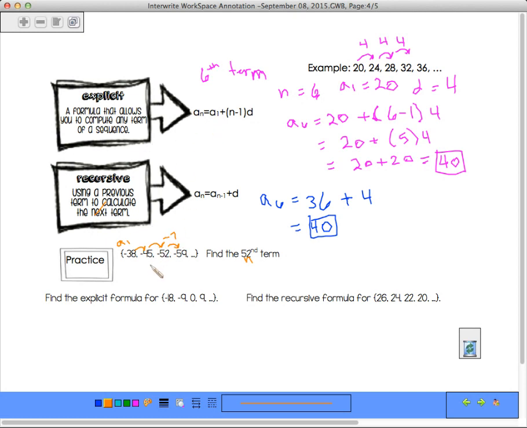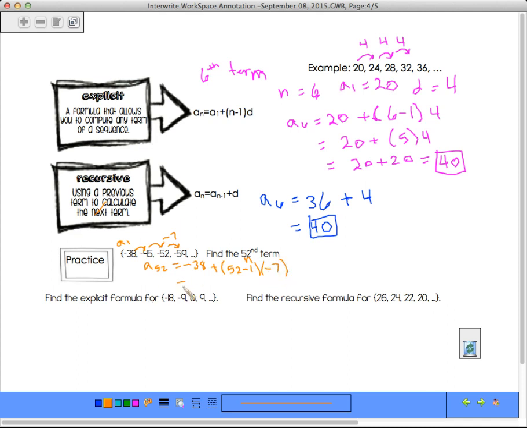Now I'm going to go through here. A sub n, so that's the 52nd term, is equal to a sub 1, which is negative 38, plus n, which is 52, minus 1, times d. D is negative 7.